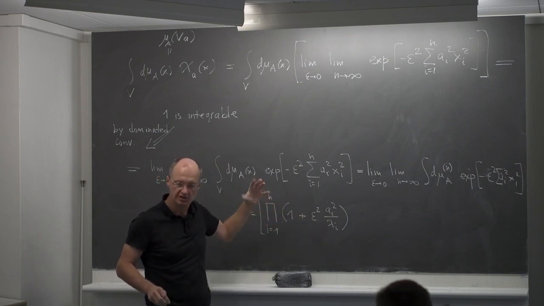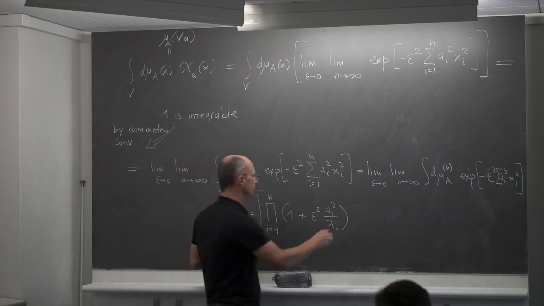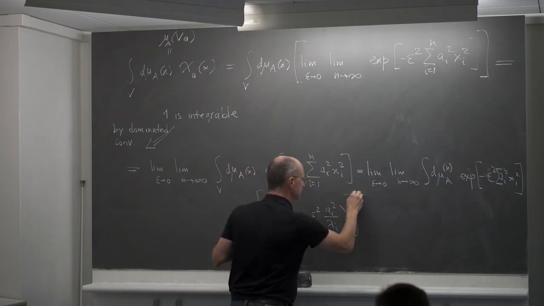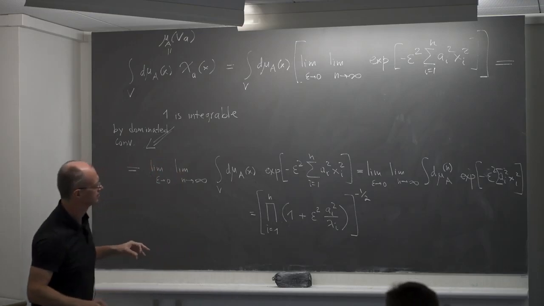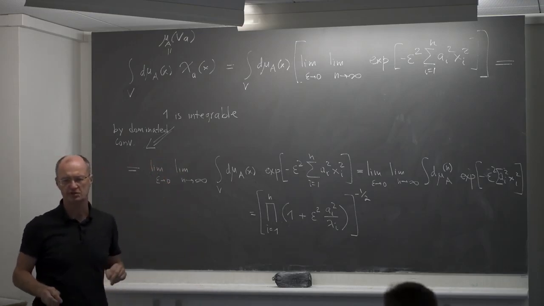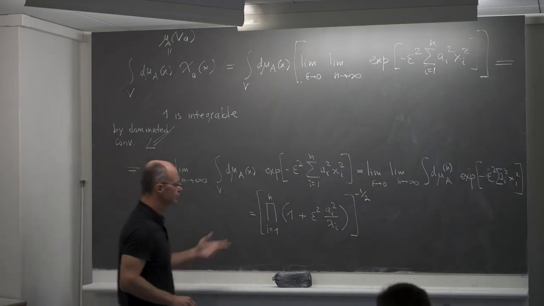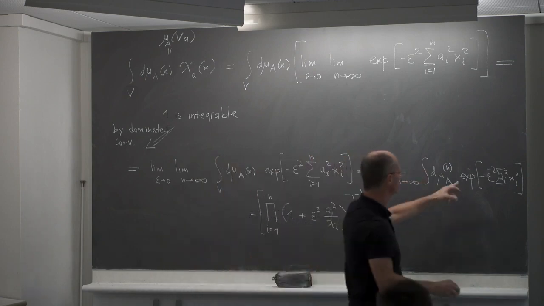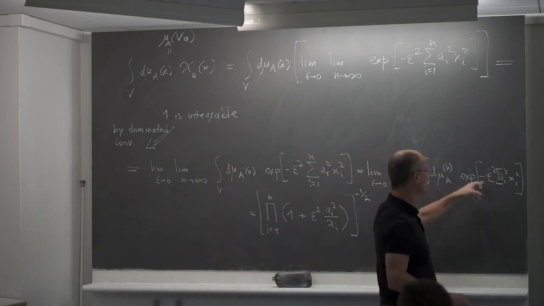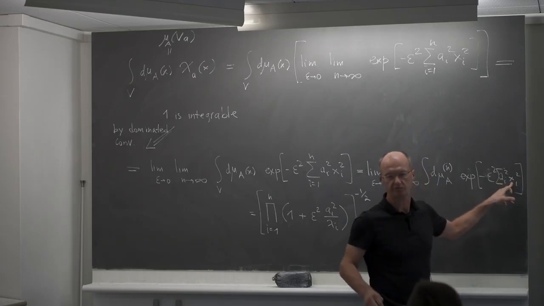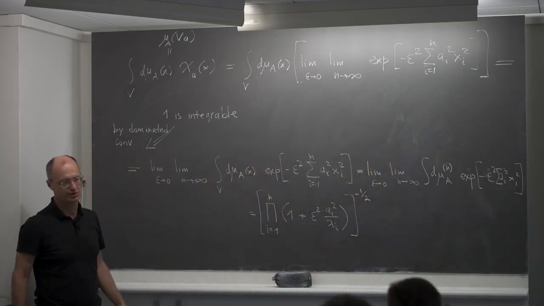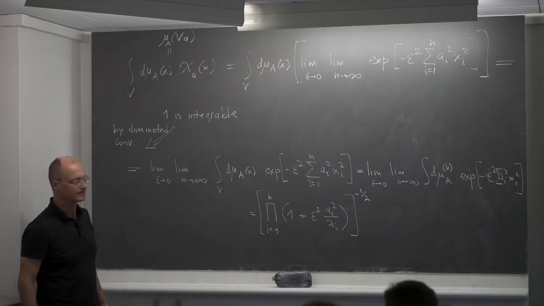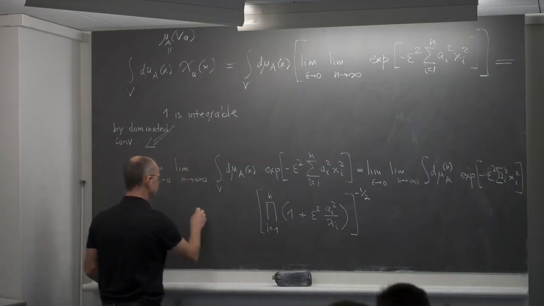We compensated the lambda I determinant, but I think it will be something like this. So the product of ratios of lambda I and lambda I plus epsilon square a square, and then to the power minus 1/2. The limits, yeah, right.